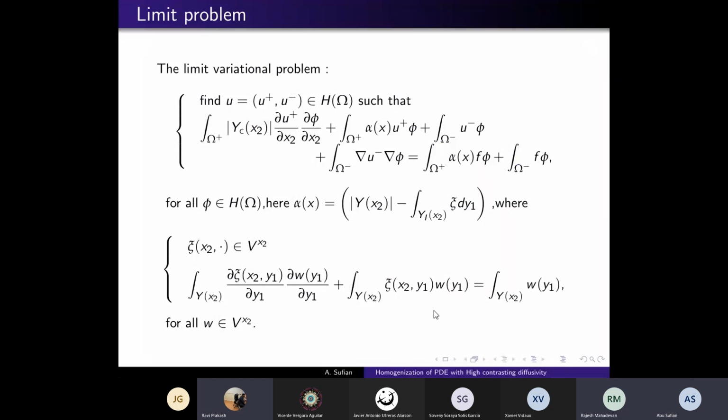I agree with Raja. Because we have a very restrictive oscillating domain, here we are able to separate the scales by using the cross-sectional cell problem. If you are able to separate the scales, then there is no chance of a non-local problem appearing, right?